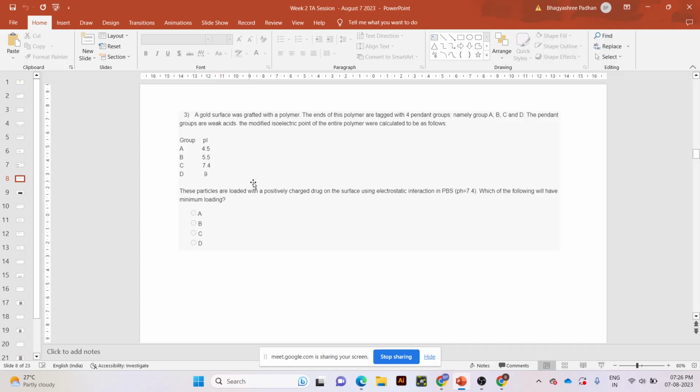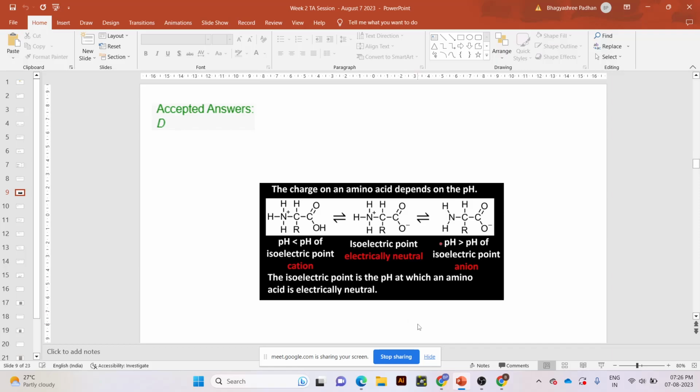The one with minimum loading will be the most positively charged, because it will repel the positively charged drug. So D, which has isoelectric point 9, will be positively charged because its isoelectric point is more than 7.4. So it will have the minimum loading. So the correct answer is D.